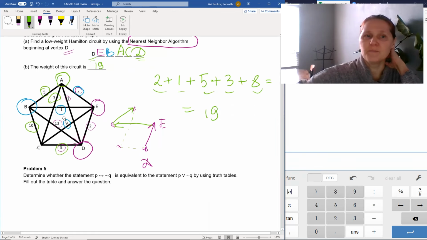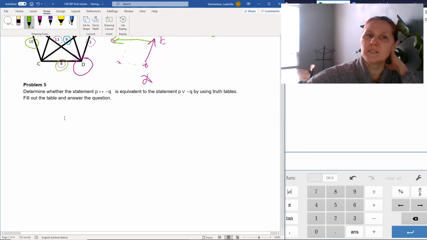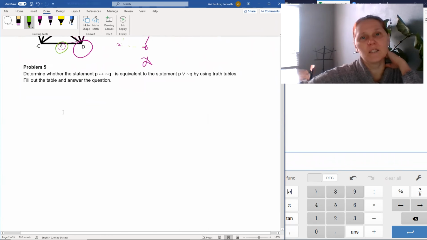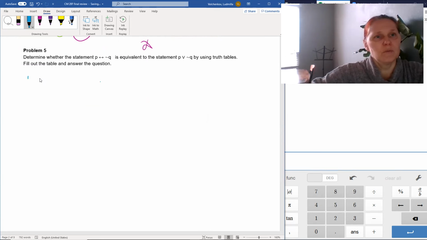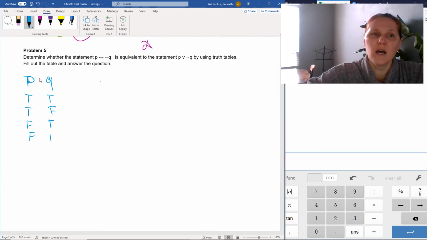The next problem, determine whether the statements are equivalent using truth tables. So all truth tables start in the same way. So P and Q, T, T, F, F for P, T, F, T, F for Q. And we have two statements.